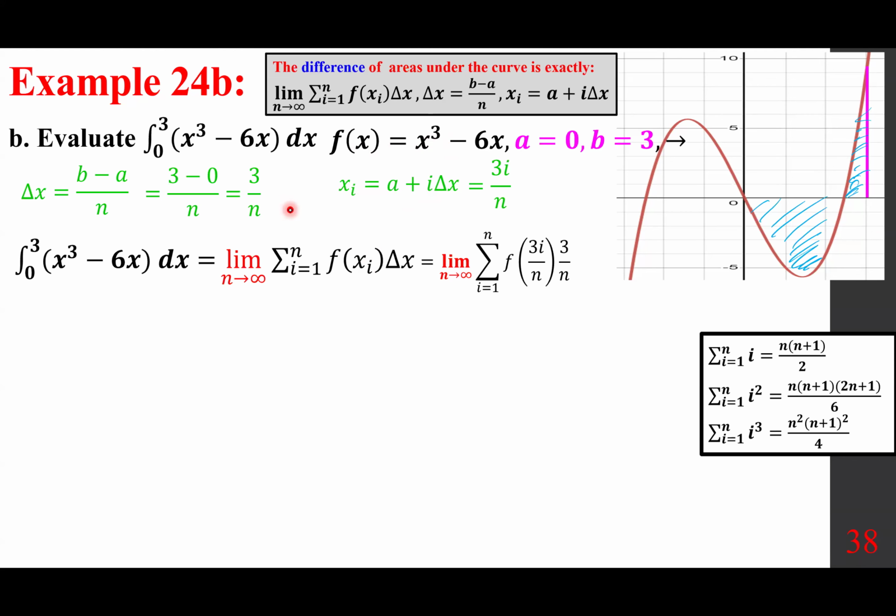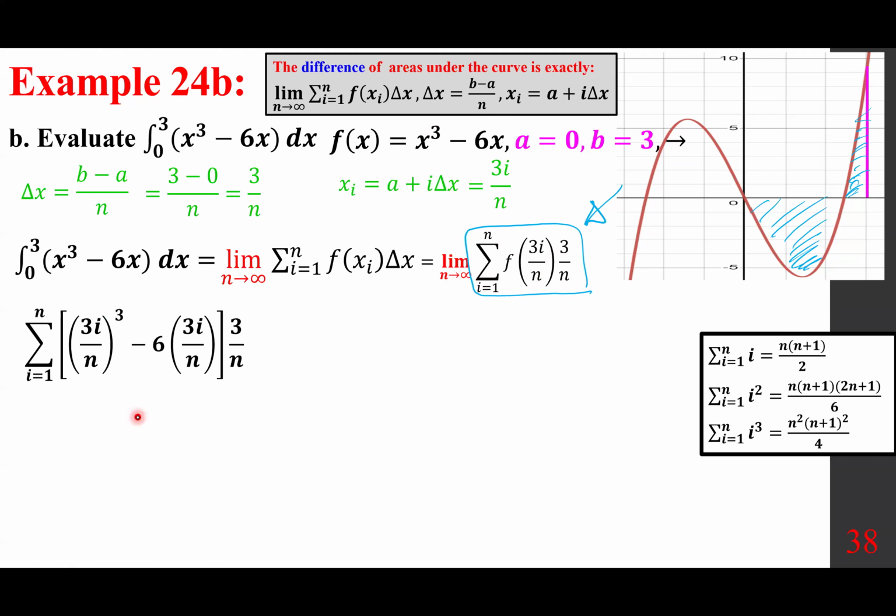At this point, I'm going to evaluate and simplify this expression and finally put it into a limit, okay? So what is f of x is this one. f of 3i over n would be (3i over n) cubed minus 6 times 3i over n, and then close the bracket times 3 over n.